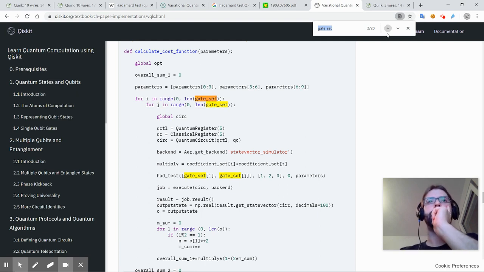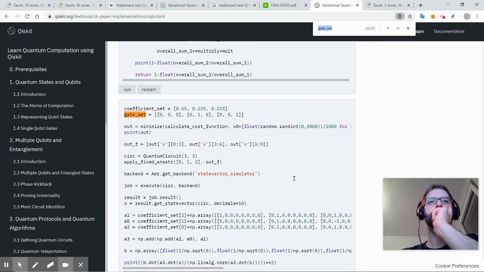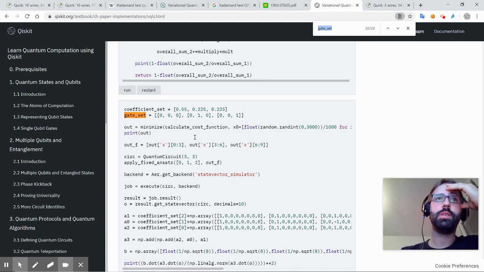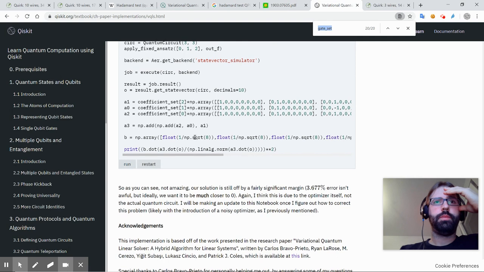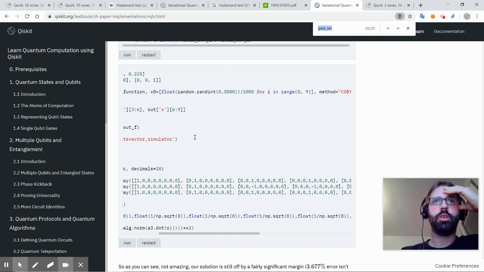I can't believe this. Where is this gate set coming from?